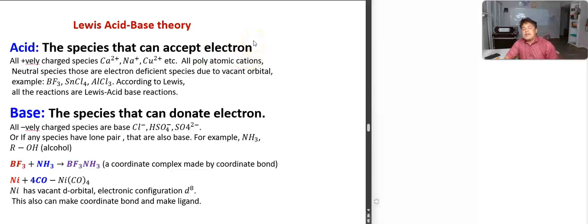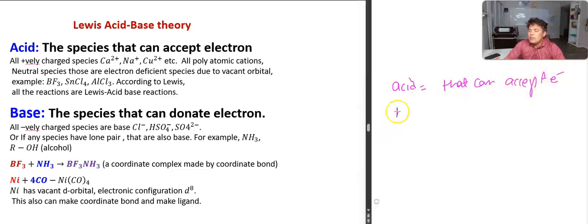So what the Lewis acid base theory says is that all positively charged species, all polyatomic cations, and neutral species that are electron deficient due to a vacant orbital are Lewis acids. The acid is the species that can accept electrons. The base is the species that can donate electrons, because bases are negative, right?